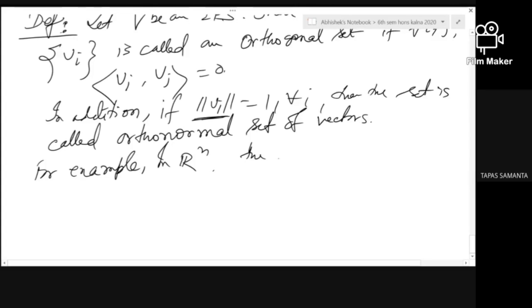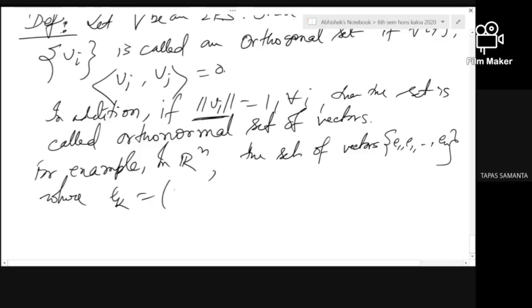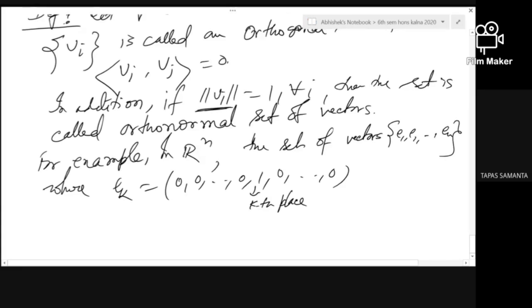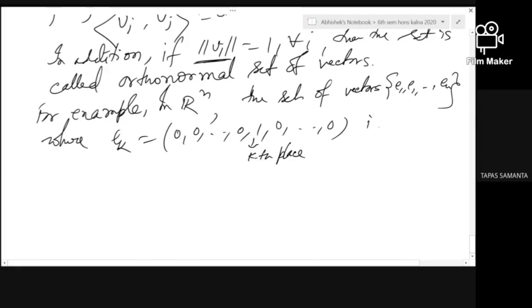So the set of vectors e1, e2, ..., en, where ek equals (0, 0, ..., 1, ..., 0, 0), where 1 is in the kth place, is an orthonormal set of vectors in Rn.